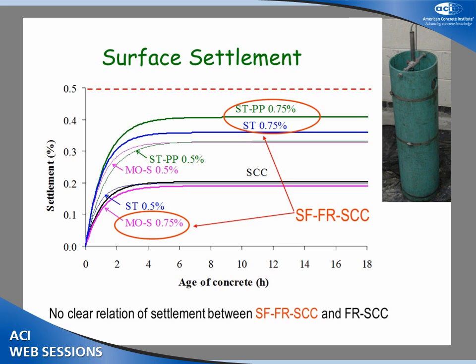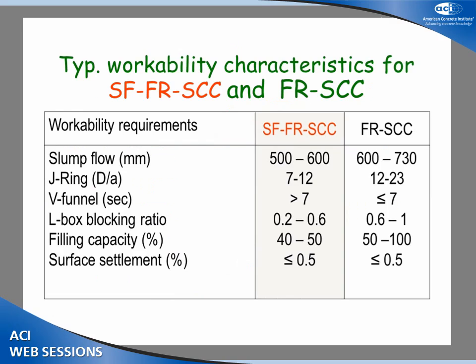We fill it with concrete, and we look using an LVDT or comparator at the surface settlement, which follows, if you're used to bleeding. So these are some of the concretes. Those with the steel fibers, being heavier, show a little more settlement, which is normal because of the density. But all of these values are lower than the 0.5% limit that we set for these concretes.